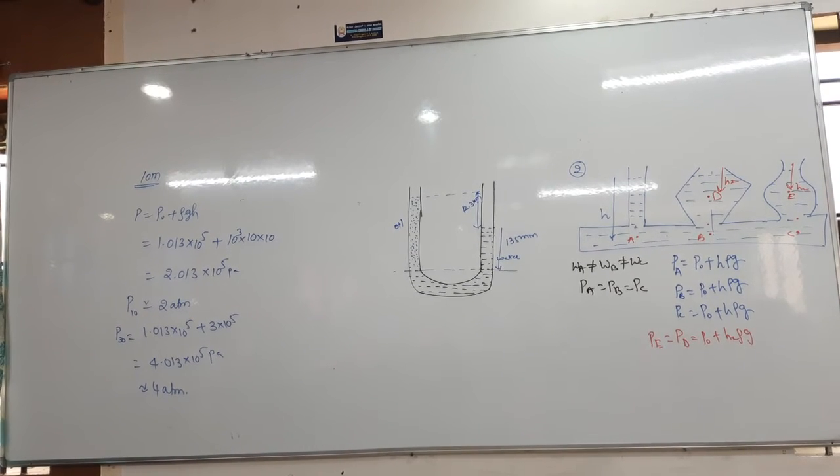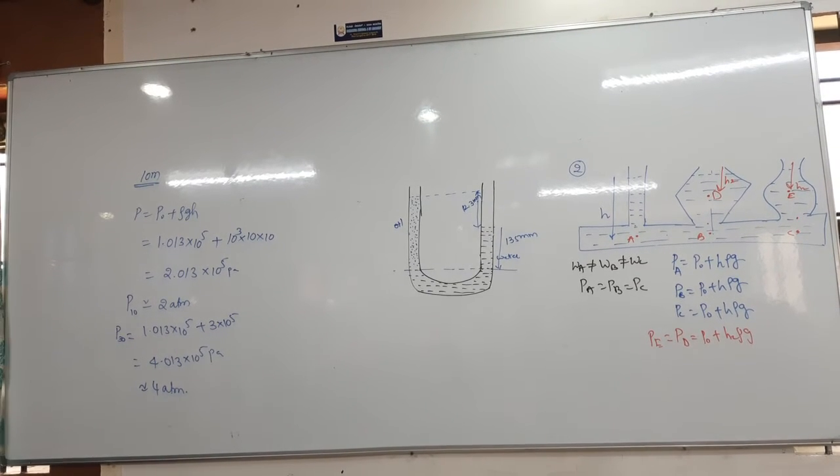Draw the diagram properly, draw the levels properly first of all. Yes, it came in 2017, same kind of problem. Solve that. How to find out the oil density here? Density of oil you have to find out.